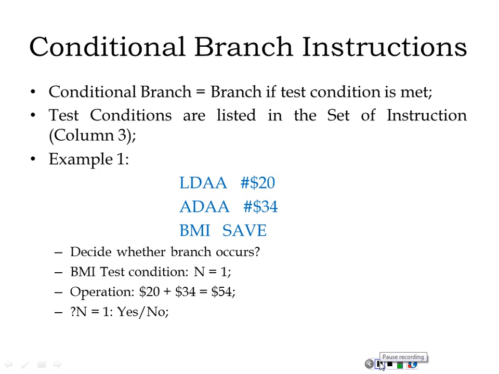If you look at BMI, you will see in column 3 is written n equals 1. That means, what is n? It is the n flag. This is where the flags become so important and come into the picture, okay?